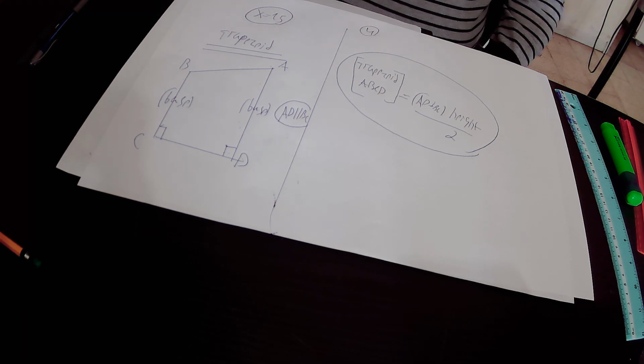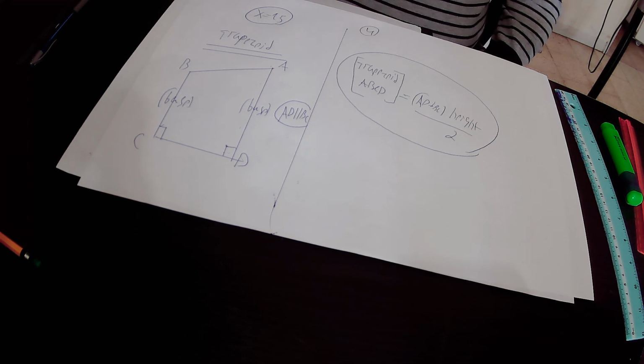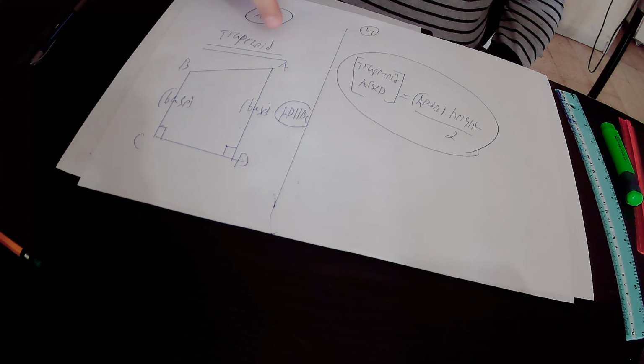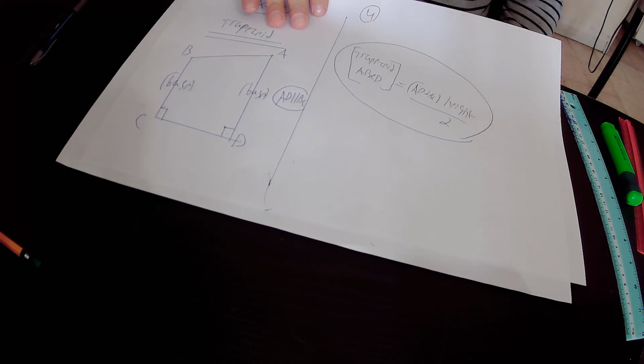In conclusion, we found out that the area of a trapezoid ABCD, which could be any trapezoid, equals the sum of its bases, that is AD plus BC, times the height to the base, over 2. The height to the base must create 90 degrees with the two other bases. Okay.